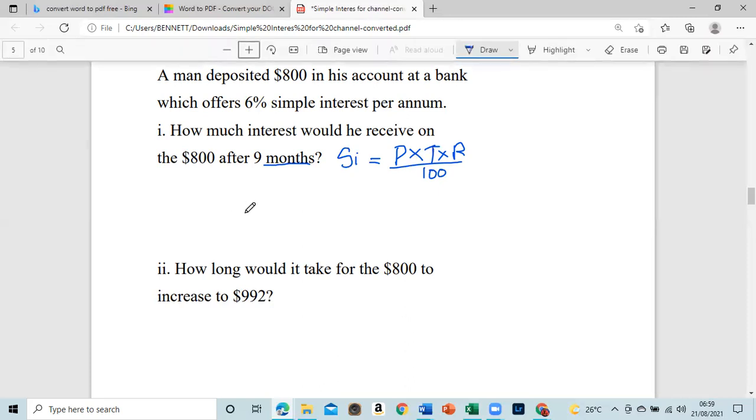So it's $800 times 6. Now 9 months is the same thing as 9 over 12, so that is basically 3/4.